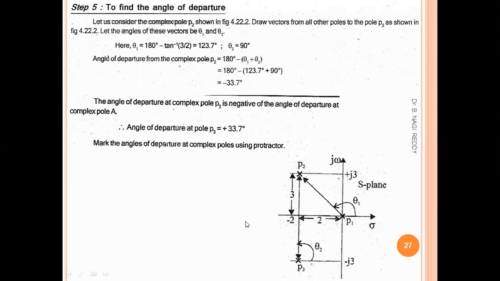So how can we calculate? Now you can see, if you draw a line from the other poles. We are calculating the angle at pole P2. So from P1 and P3, look at pole P2. What is the angle that P1 is making with P2? Similarly, what is the angle that P3 is making with this P2?